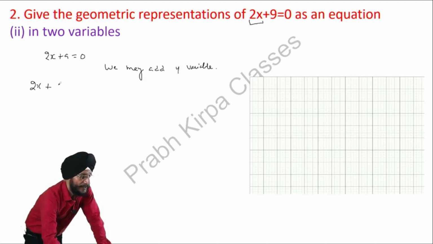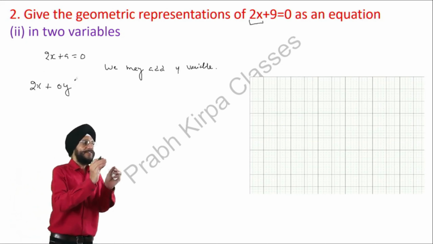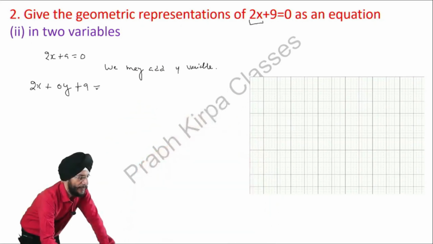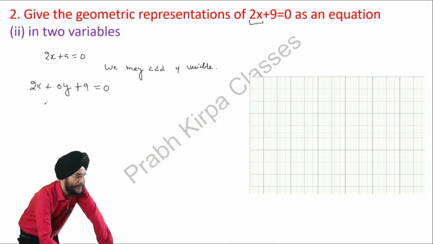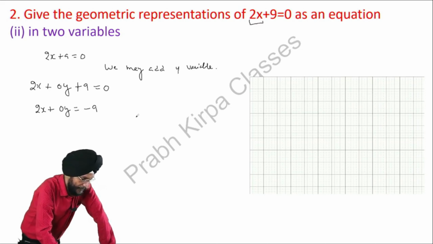We will take 0y, because even if the value of y is say 5, when it is multiplied with 0, it becomes 0. Even if the value of y is somewhat more, say y is 20, when multiplied with 0, it becomes 0. So it does not affect the equation at all. So we may write it in this way. In other words, we can write it as 2x plus 0y is equal to minus 9.